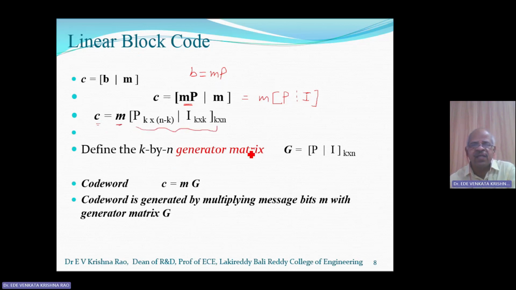This is called the generator matrix, denoted G, made of P and I, of size K by N. So C equal to M into G.